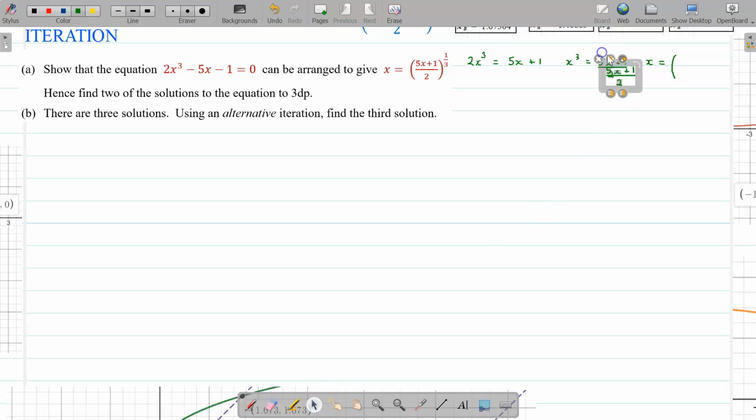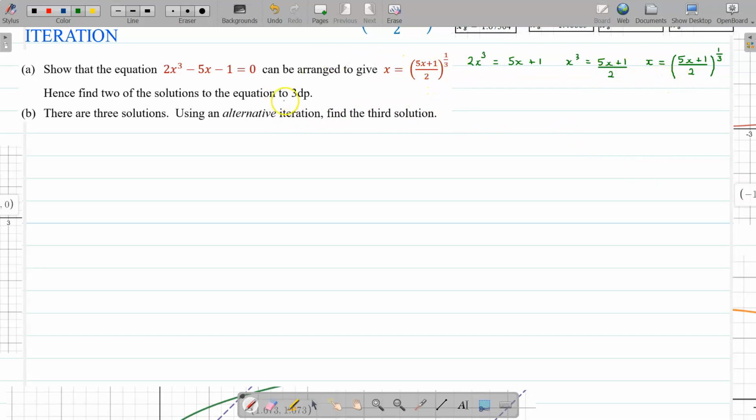If I just make a copy of that and bring it across, (5x plus 1) over 2, and all of that is going to be to the power of 1/3, which is the cube root of it. And that is the result we were required to prove. So that's the first part of the question answered.